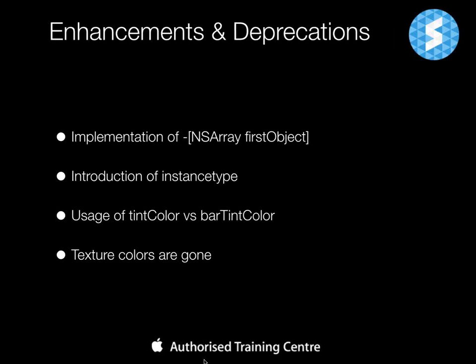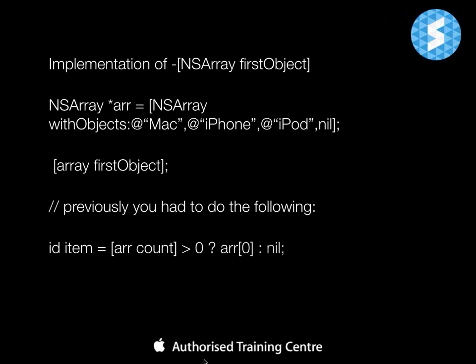So firstly, implementation of firstObject. Now, this was one of the most requested APIs in Objective-C. A simple search on OpenRadar shows several requests that have been filed with Apple. Apple was using this privately for a long time, since their very first version of iOS, but now it's made public, and it's finally available.